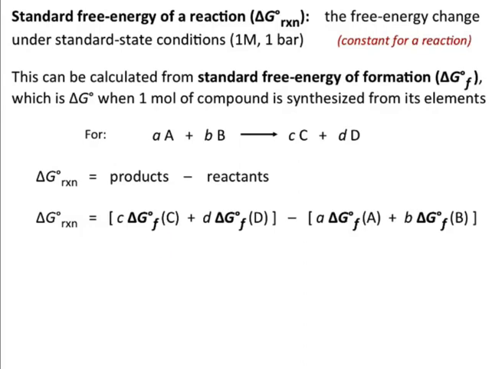So we'd have the standard free energy of formation value for compound C, and then you multiply it by its stoichiometric coefficient, which is the lowercase thing here. And then the same is true for D. You take the delta G F for that, the standard free energy of formation, and multiply it by its stoichiometric coefficient. And then you subtract that from the sum of the two reactants.